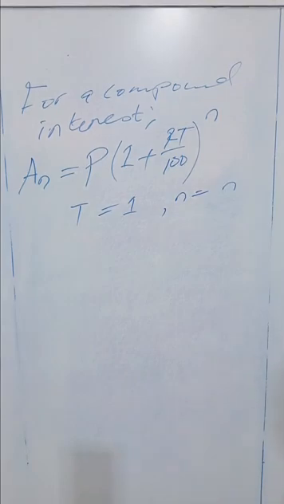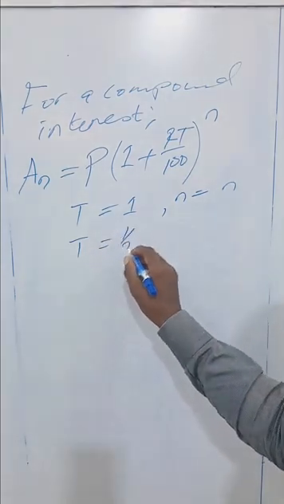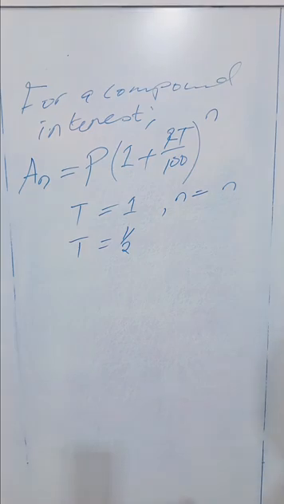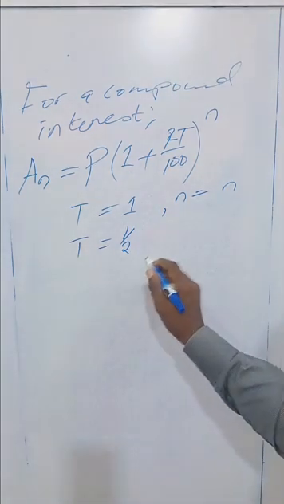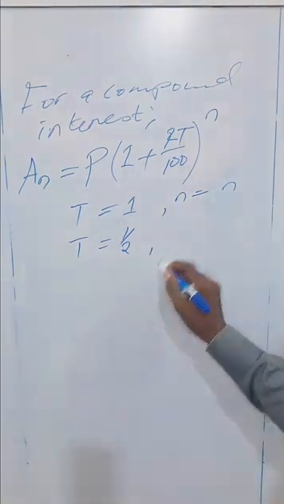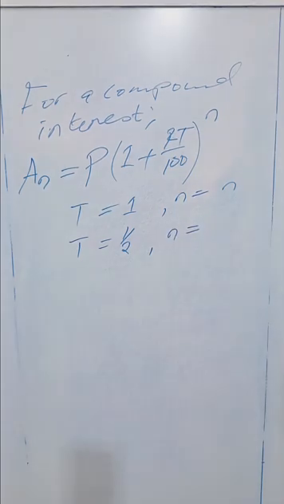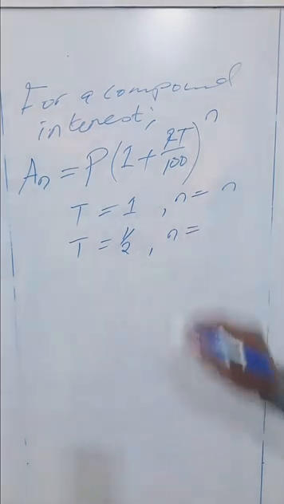But now we have to ask ourselves, if it's compounded semi-annually, what becomes of T? Our T, semi-annually, means a half. If it was quarterly, then T would be 1/4. Now let's stick to T equals a half. Then what will be this new n?